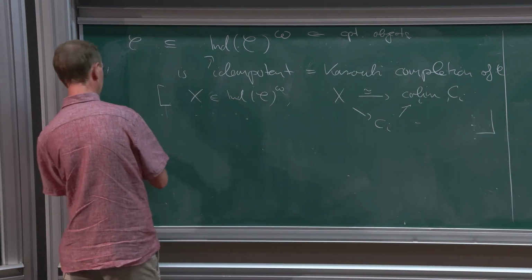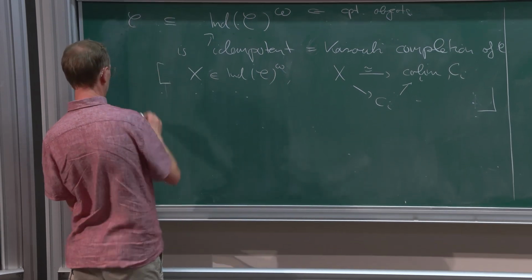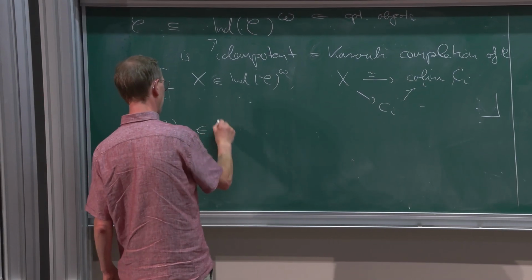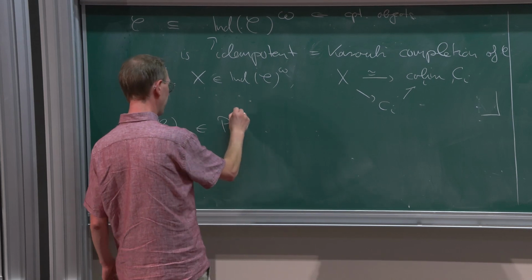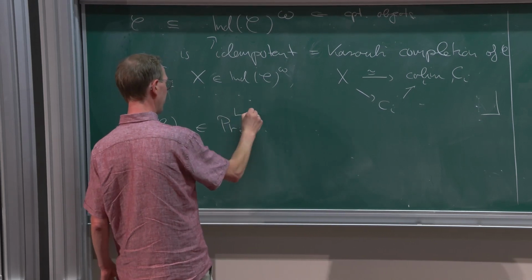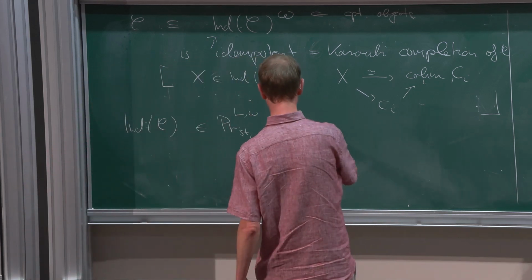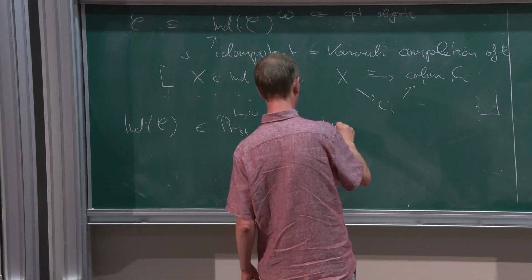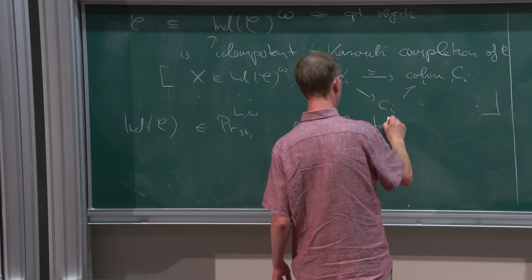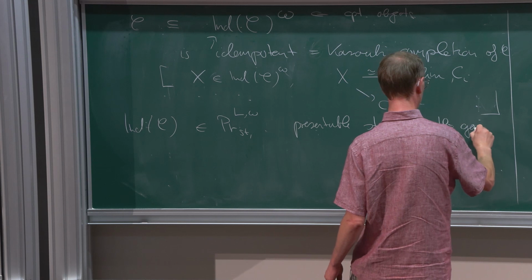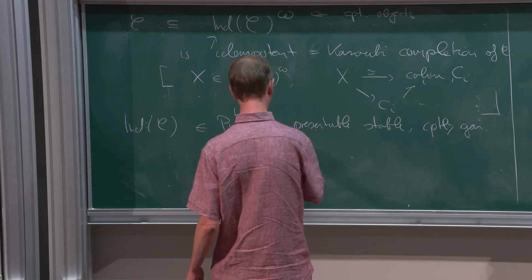Yeah, so this is the connection to the Ind-completion, and the point here is, I think I didn't write this before, sorry, Ind of these is now a presentable, stable, compactly generated infinity category. So these are presentable, stable, compactly generated infinity categories.